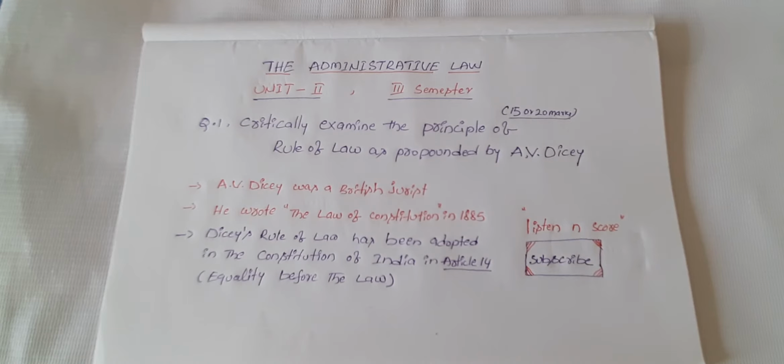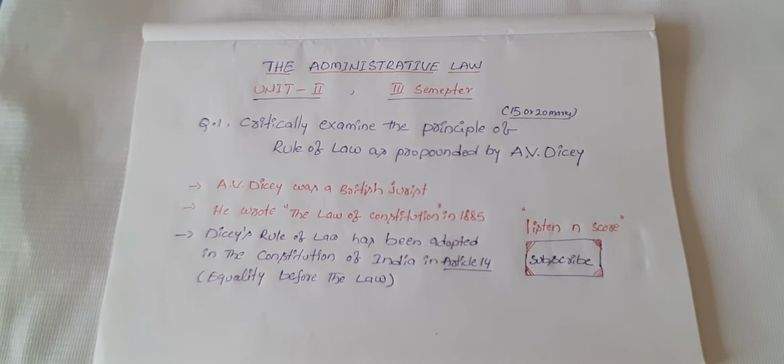This is the view of Dicey. According to him, the rule of law does not give scope to absolute and arbitrary powers to the executive. There could not be any special privileges for a government official or any other person.